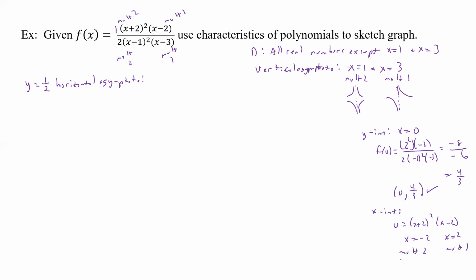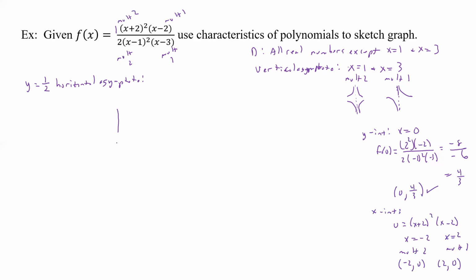If we write those as points, we have (-2, 0) and (2, 0). So what else do we need? Let's start drawing and see if we need anything else.